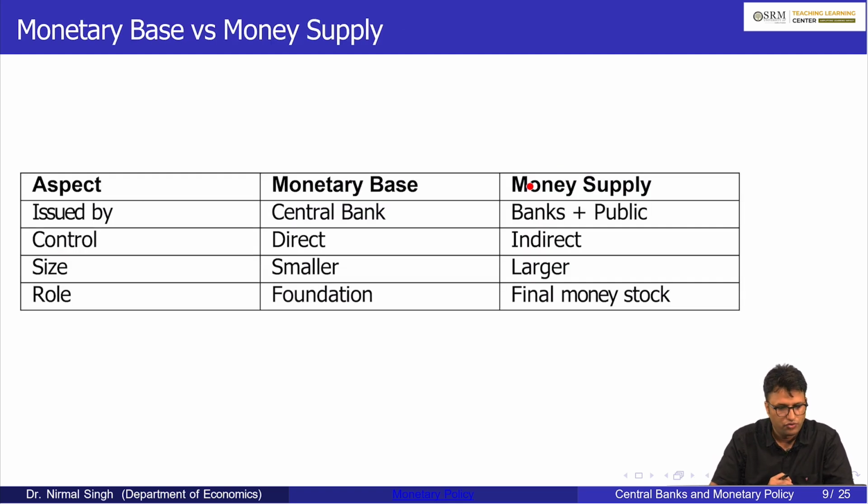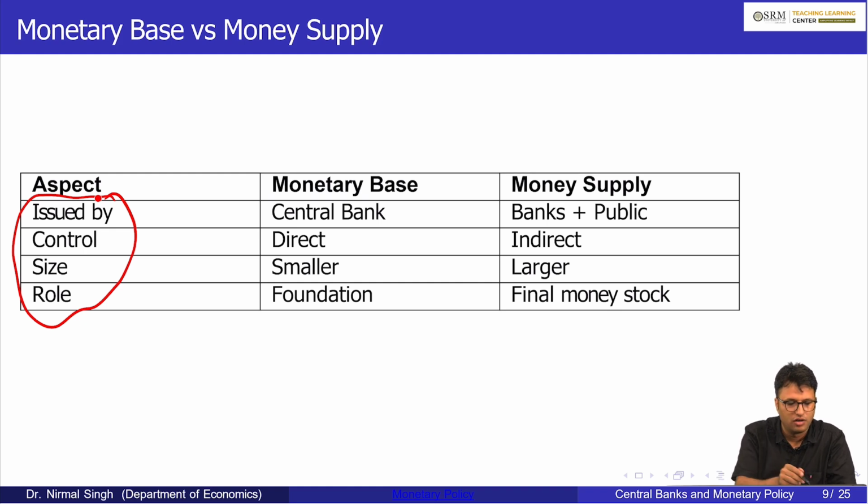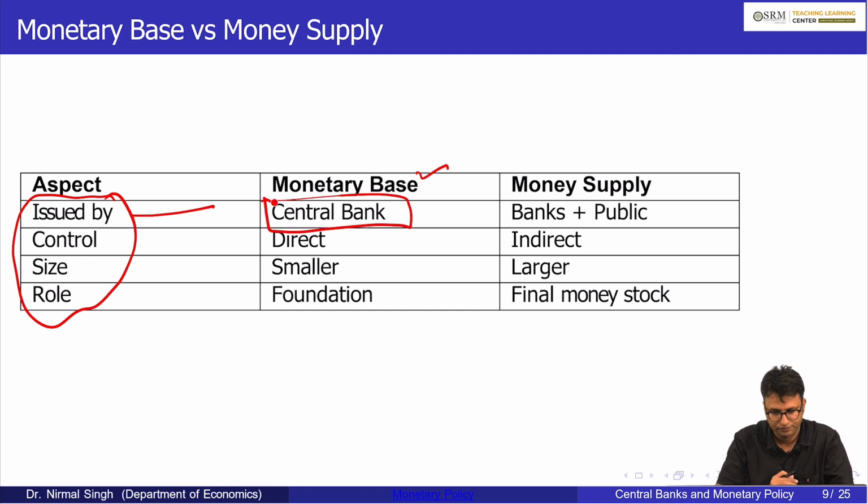So now we are going to quickly discuss the difference between base money and money supply. We will be discussing a few aspects like who issues it, who controls it, what the size is and the role of this. The monetary base, as we said the high powered money, is directly controlled by the central bank.